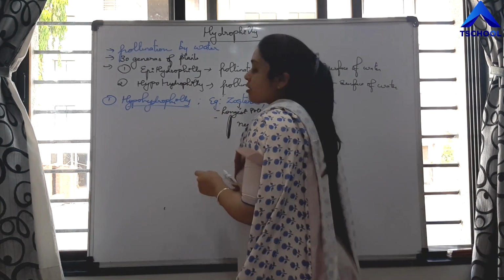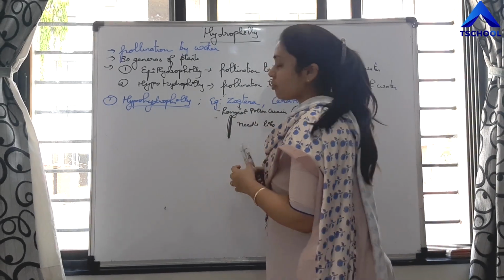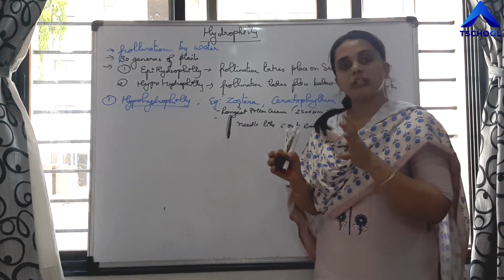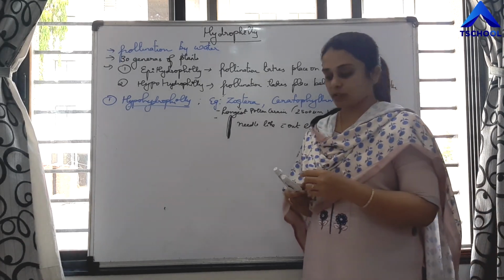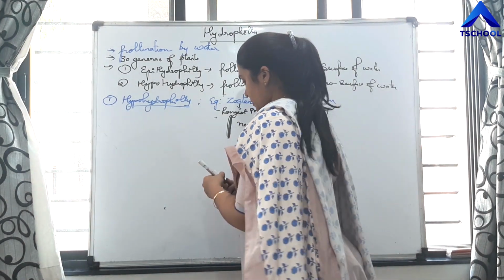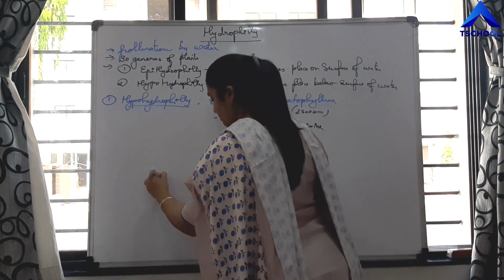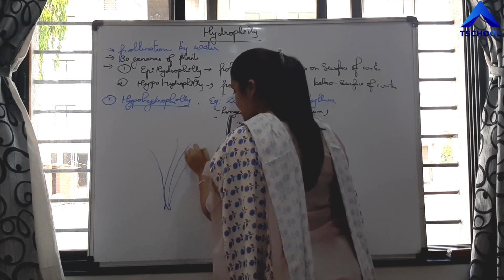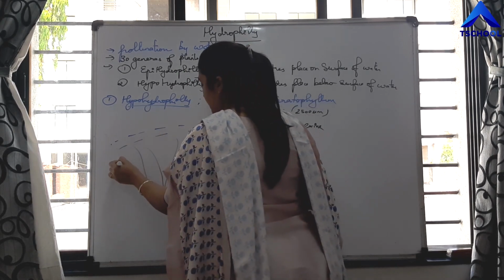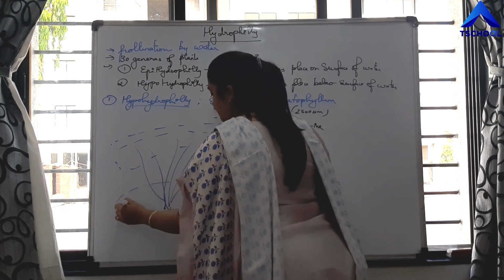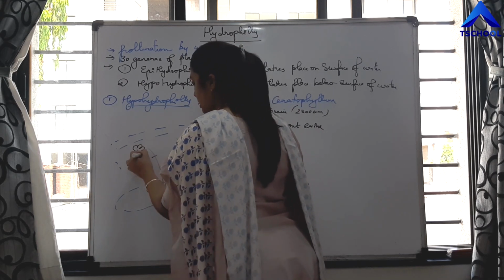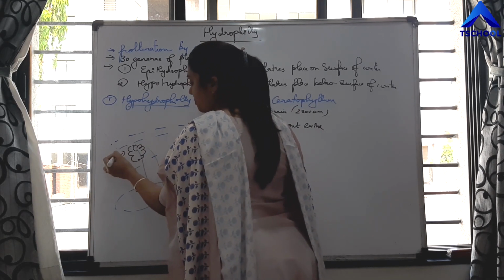So how does pollination occur? Zostera is a dioecious plant, which means it possesses male flowers and female flowers, and these are present in clusters. Say these are the stems of the plant, and this is the water body. Say these are the clusters of flowers and these are male flowers.